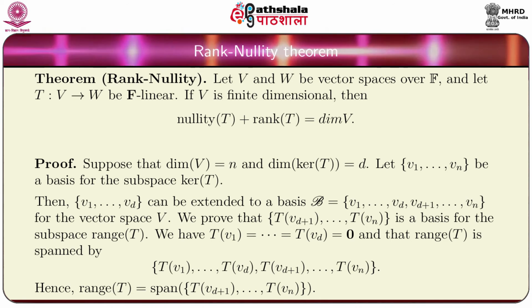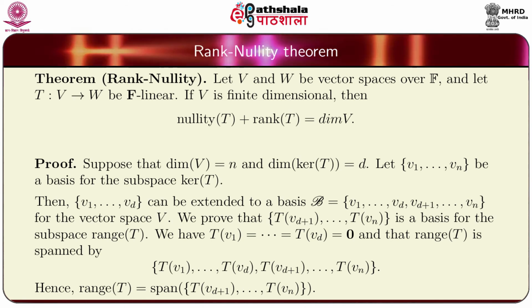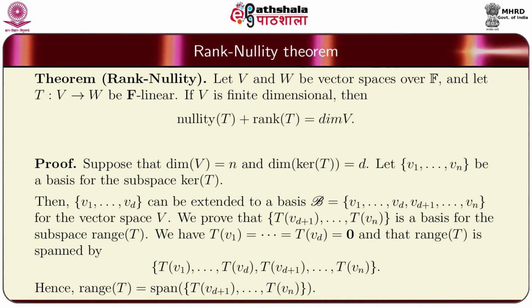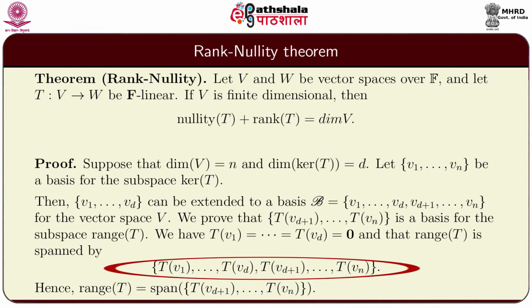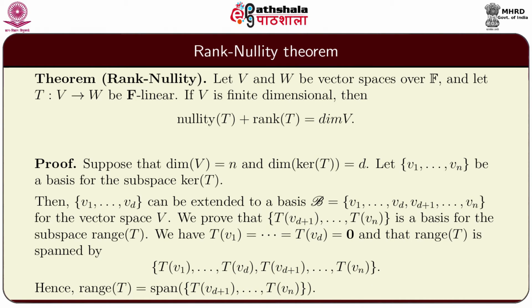We note that v1, v2, ..., vd being a basis for the subspace kernel of T, T v1 and so on up to T vd are all the 0 vectors, and we know that the range of T is spanned by T v1 and so on up to T vd and T of v(d+1) and so on up to T vn.